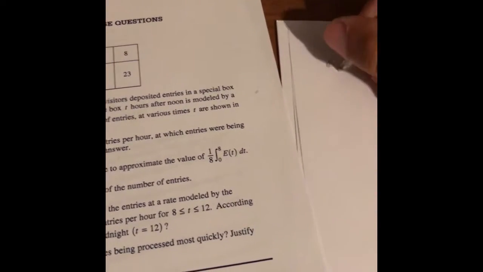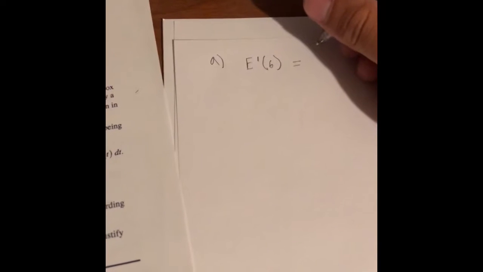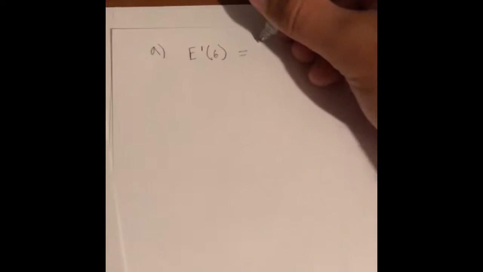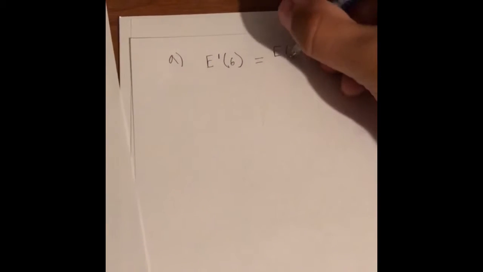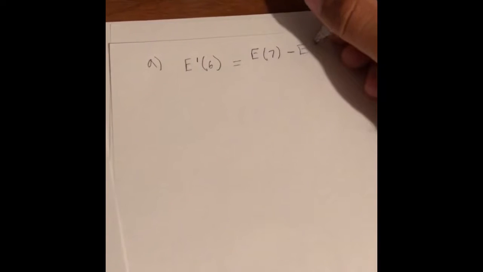And so for part A, for E prime of 6, we'd be doing the slope function, which is E of 7 minus E of 5.